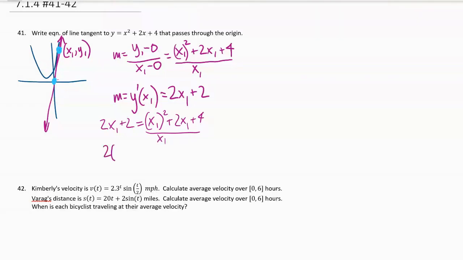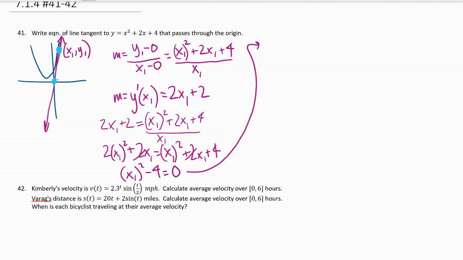I get 2x sub 1 squared plus 2 times x sub 1 is equal to x sub 1 squared plus 2 times x sub 1 plus 4. I should have used something different than x sub 1. Subtract everything from both sides, so these will cancel. I get x sub 1 squared minus 4 is equal to 0. So x sub 1 equals plus or minus 2.